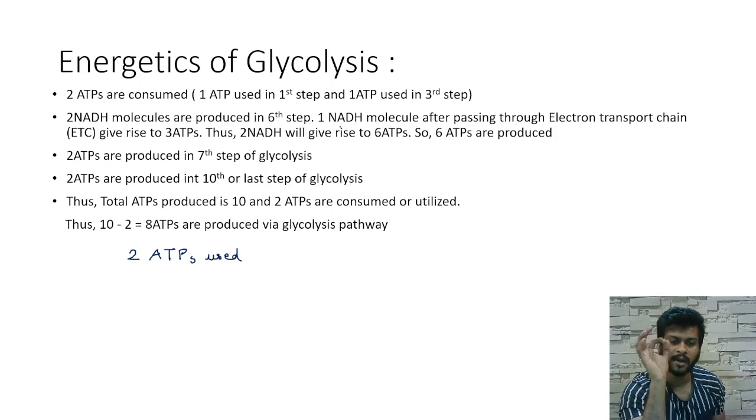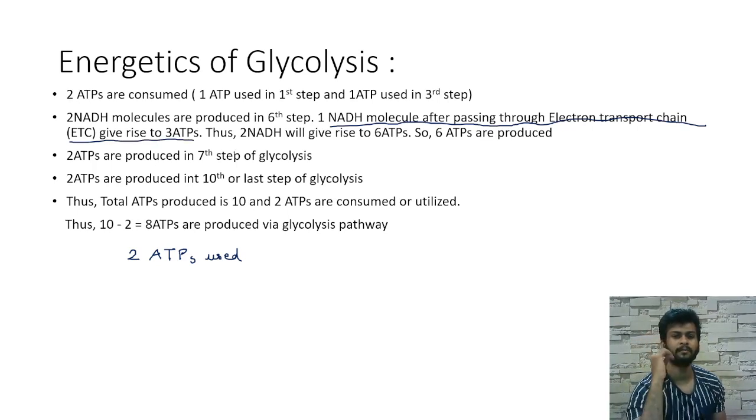When one NADH molecule passes through the electron transport chain or oxidative phosphorylation, we get 3 ATPs. When 2 NADH molecules pass through the electron transport chain, we will get 6 ATPs formed.